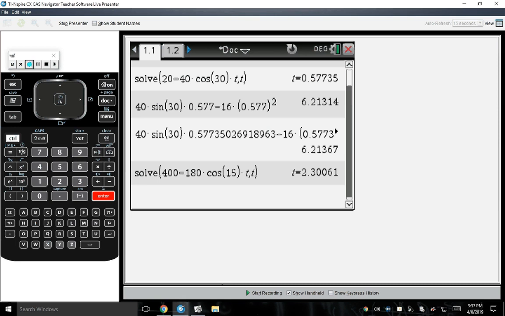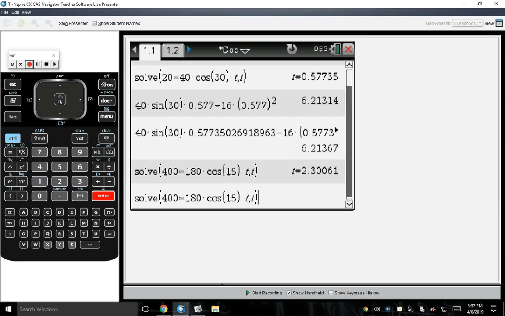Now if I want to know how high that is, I can just plug it into the equation that's dealing with sine. You with me? So you could say something like this. 180 times the cosine... Actually, this brings up a point right now. Do you see how I keep having to delete that t?